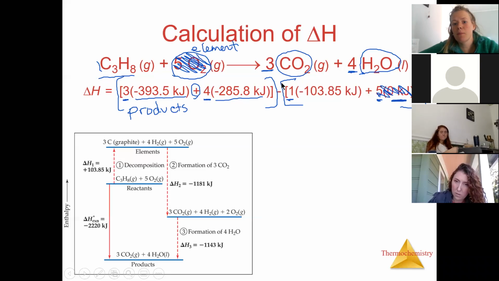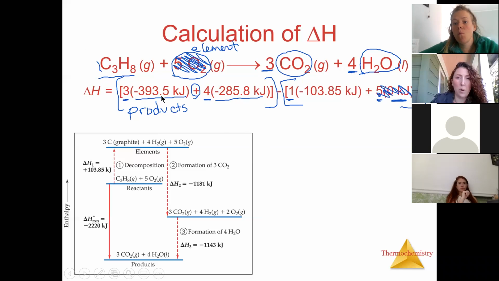Does that make a little bit more sense what that equation was saying? The equation is a little funky looking. So why would we not consider the element? Why are we not considering the oxygen? We're not considering the oxygen because any element, its delta H of formation is 0. Because how are you forming it? It's an element.